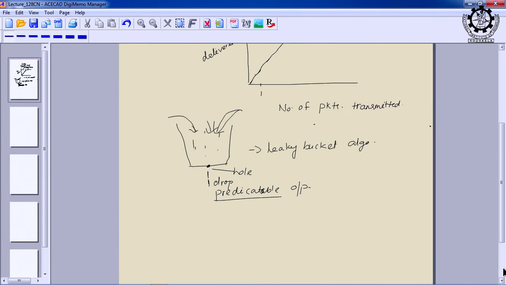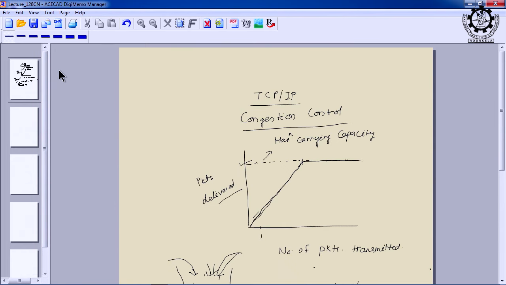Similarly in this case also, if the router gets packets up to its carrying capacity, the number of packets delivered is 100%, but when it goes to the maximum carrying capacity, it is almost like a leaky bucket case, but this again we consider to be an ideal case. Think of n number of inputs to the router.